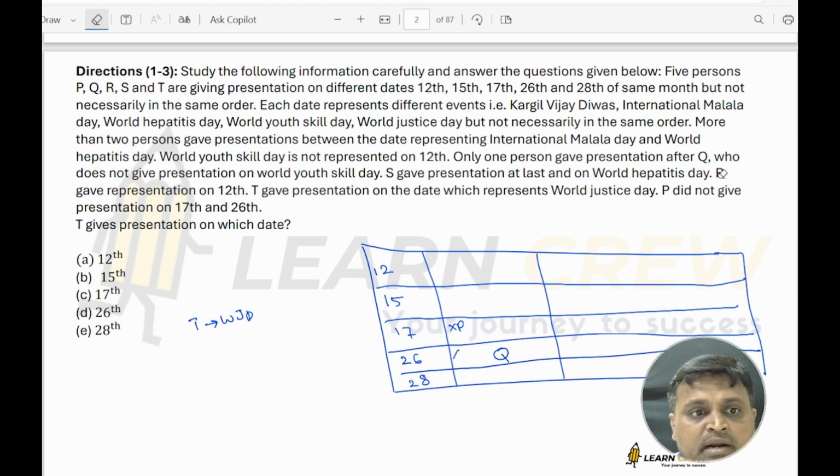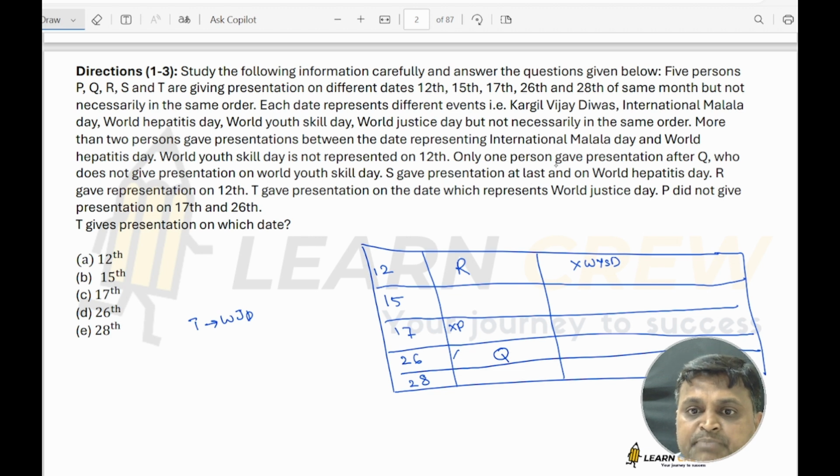Now R gave presentation on 12th, so here we can say it is R. Now please see, World Youth Skill Day is not presented on 12th, so this is not World Youth Skill Day.